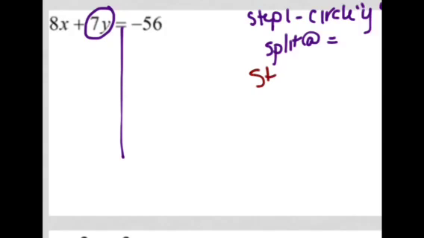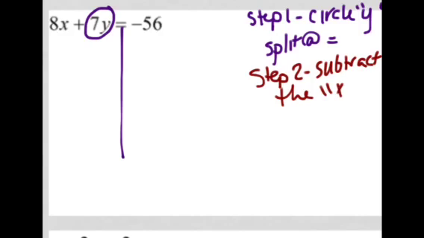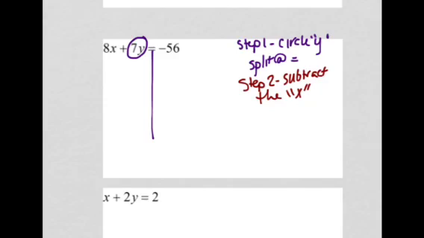Step 2 is going to be in red. We are going to subtract the x term. So my x term is a positive 8x, so to move it to the other side, I subtract 8x from both sides.